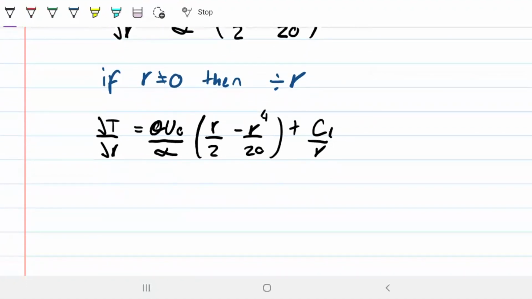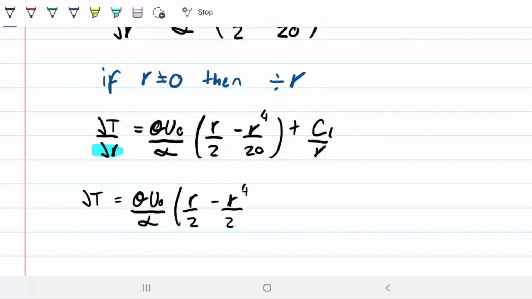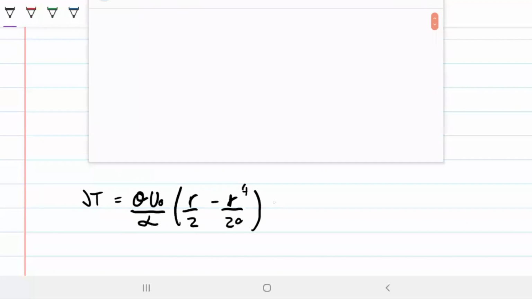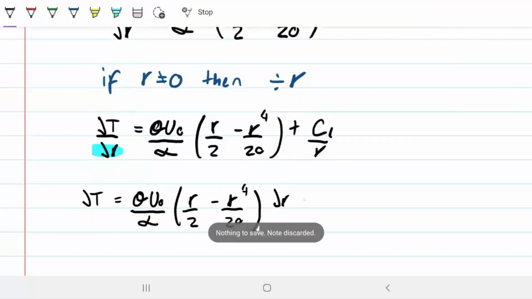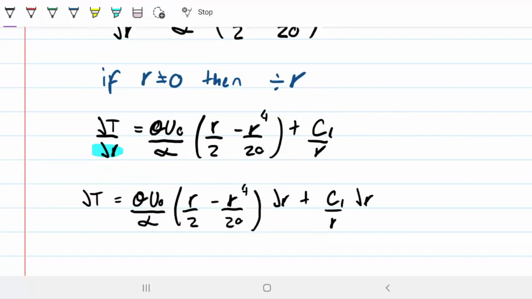Okay, at this point, we can integrate one more time. So I can send this guy this time multiplying to the other side. So I have dt on one side, and on the other side I have theta u naught over diffusivity times r over 2 minus r to the 4th over 20 plus c1 over r, dr. Once again, I can integrate on both sides.